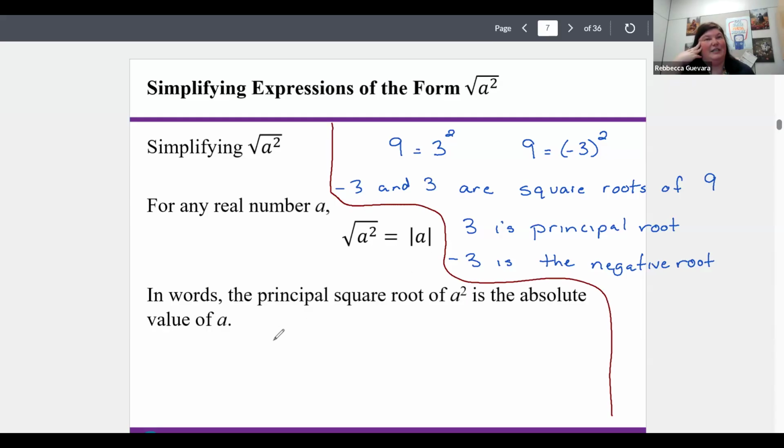The reason is, if I have 3 squared and I take the square root of it, what I should get back is 3. And if I had -3 squared, what I want to get back is 3. We do that to guarantee that when I do the square root of 9, the only thing I'm going to get back is that positive 3. That's all this is doing, just ensuring that we keep principal roots.